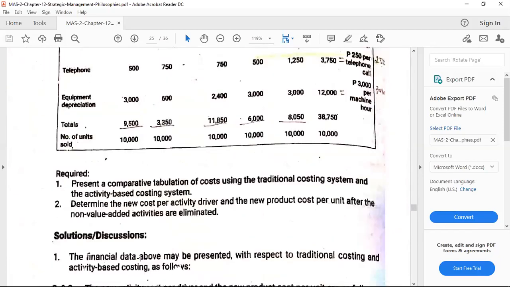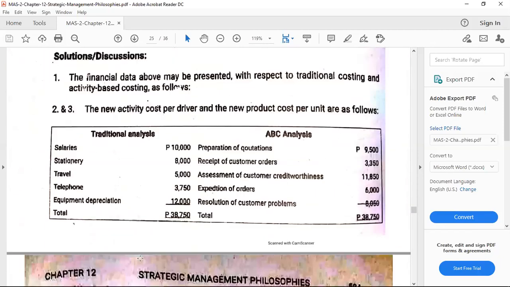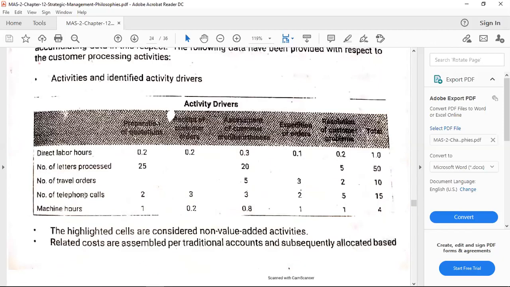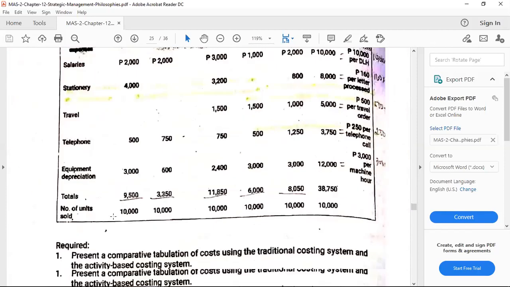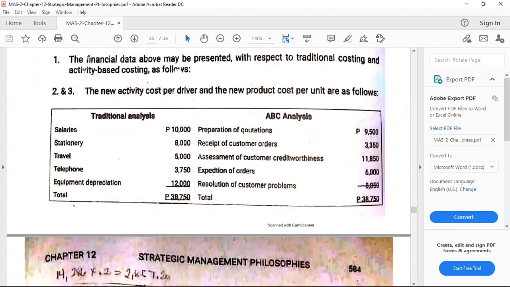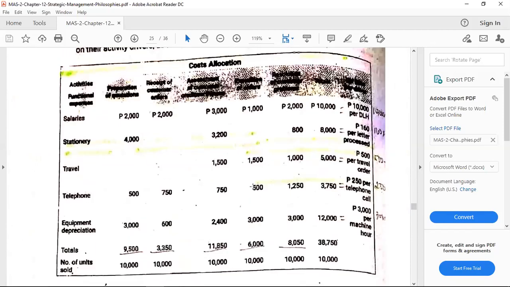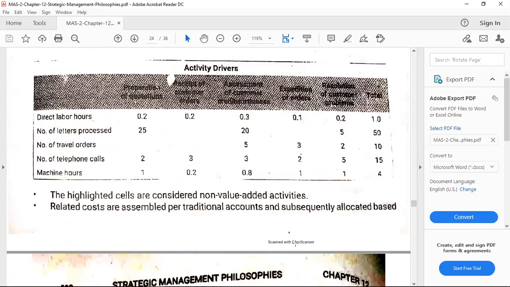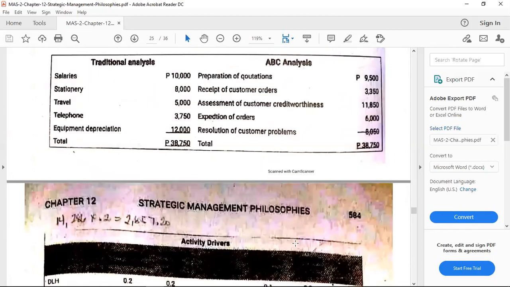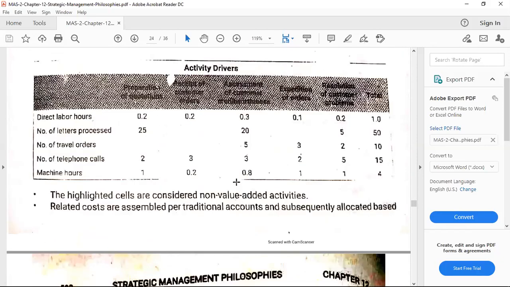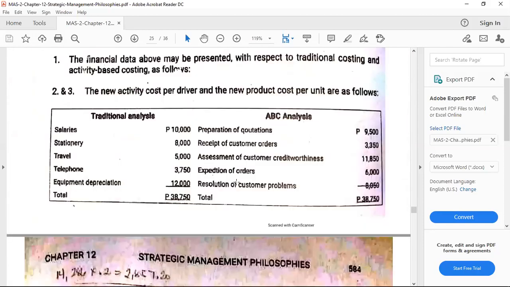So we also have the hours here. Preparation of quotations, receipt of customer orders. Basically, they are identified based on the activities above. So preparation of quotations, then number of orders, then receipt of customer orders, assessment of customer credit worthiness, number of telephone calls, and so on.